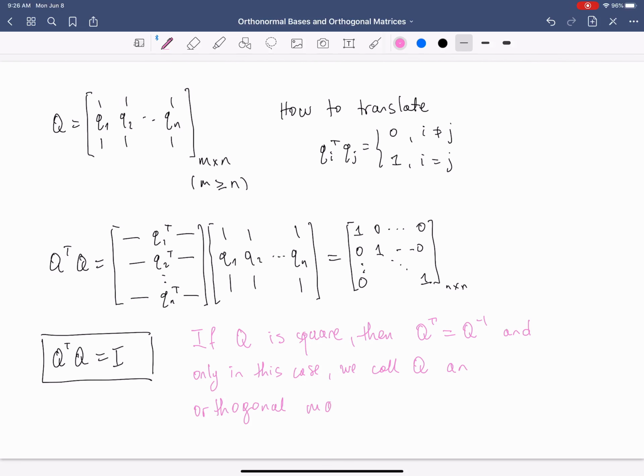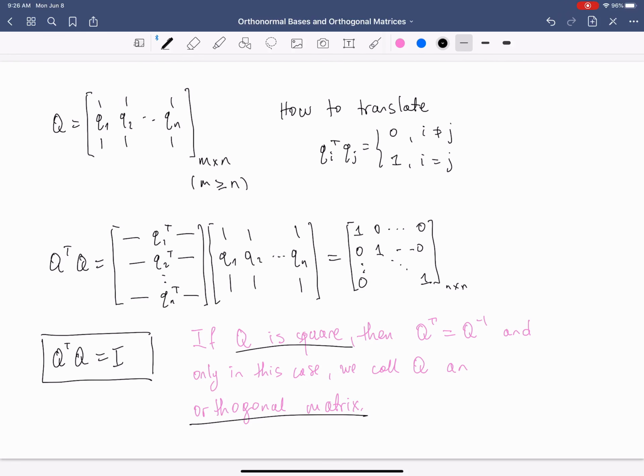The columns are orthonormal, but the name is orthogonal, even though arguably maybe it should have been orthonormal, but it's not up to you and me to decide what to call these matrices. It is what it is. The notation is what it is. But the important part that I want you to remember is that only if Q is a square matrix do we call that matrix an orthogonal matrix.